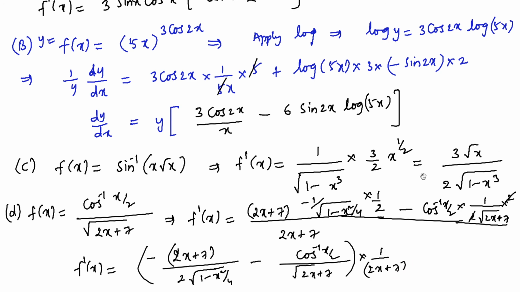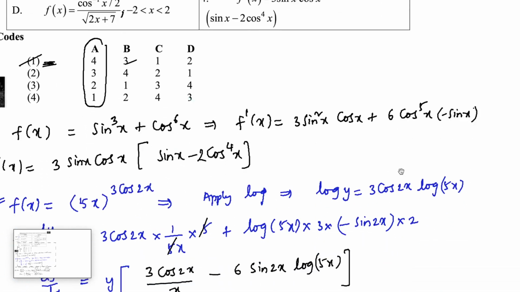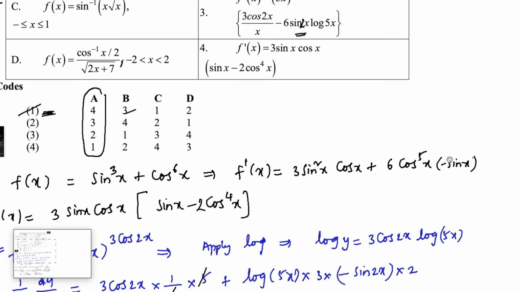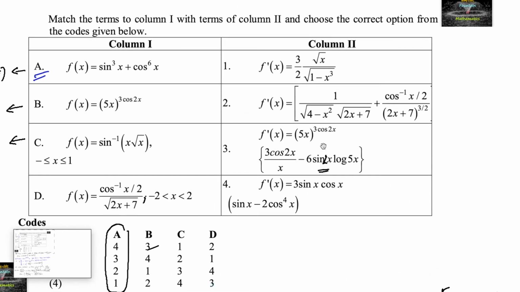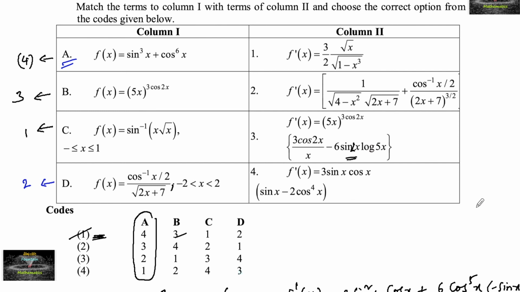So I think we can check within the options by simplifying further: 2x plus 7 upon root over 4 minus x square. By simplifying you will get the second option, that's fine. So just simplifying, you will be getting this answer, so we can go with option 2, and hence the answer is the first option.